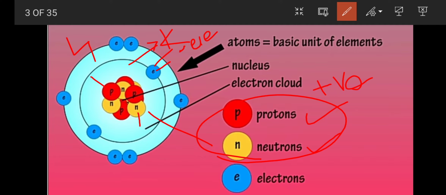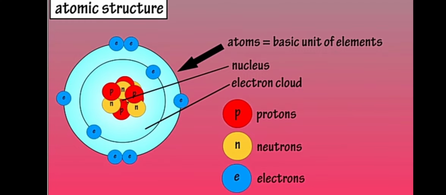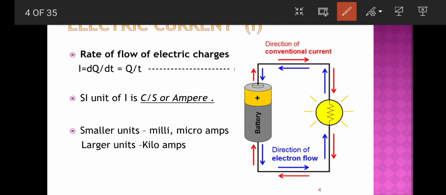So the next concept, let us see what is meant by electric current. Electric current is defined as rate of flow of charges. Okay, so it can be written mathematically as I is equal to dq by dt, or I is equal to q by t, where q is charge, I is current, and t is time.